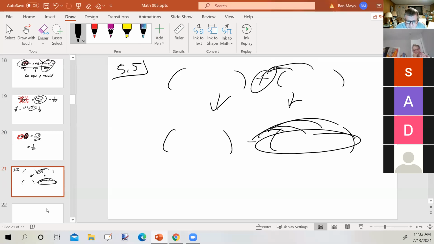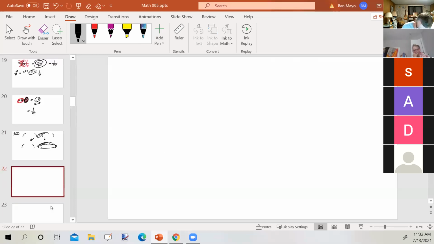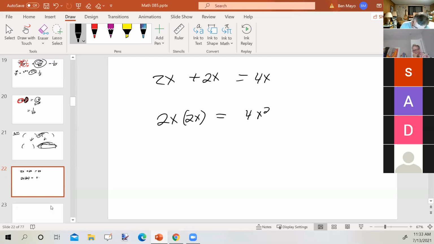You need to be careful that you don't get combining like terms, which is adding and subtracting, confused with multiplying. For instance, if I have 2x plus 2x, that is 4x. But if I have 2x times 2x, that's 4x squared.